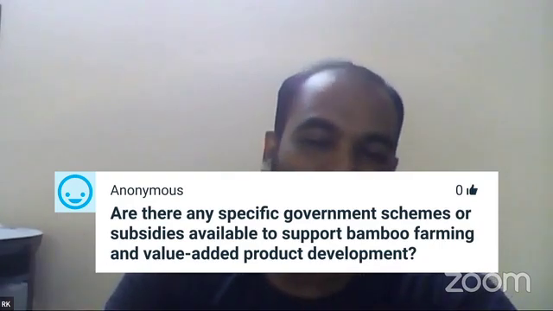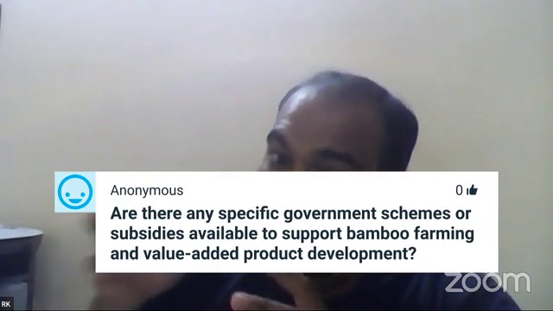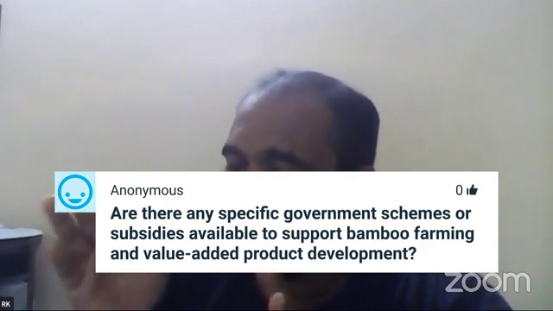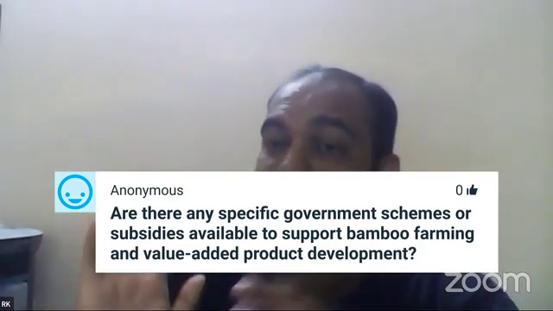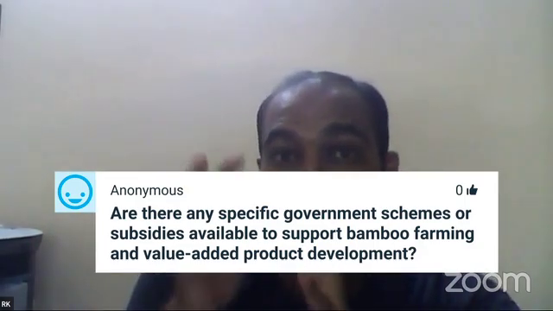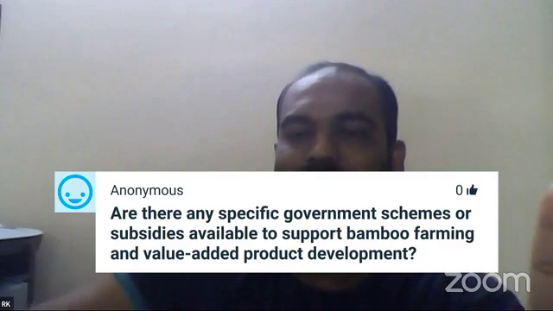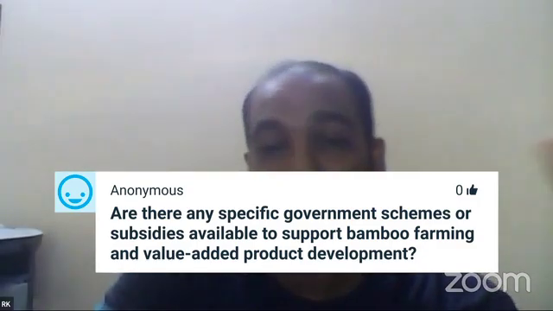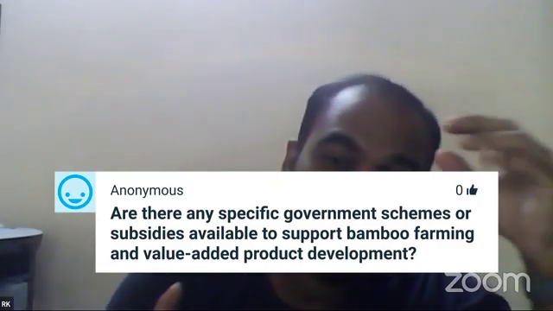The answer is the National Bamboo Mission. There is an authenticated government bamboo mission established with headquarters in New Delhi, and a state-wise nodal officer is appointed.